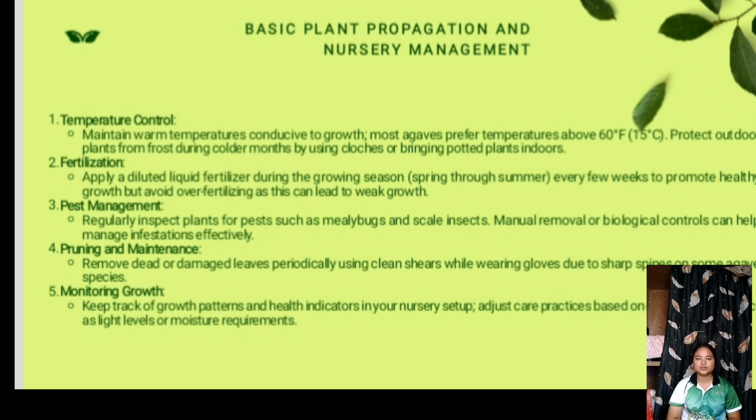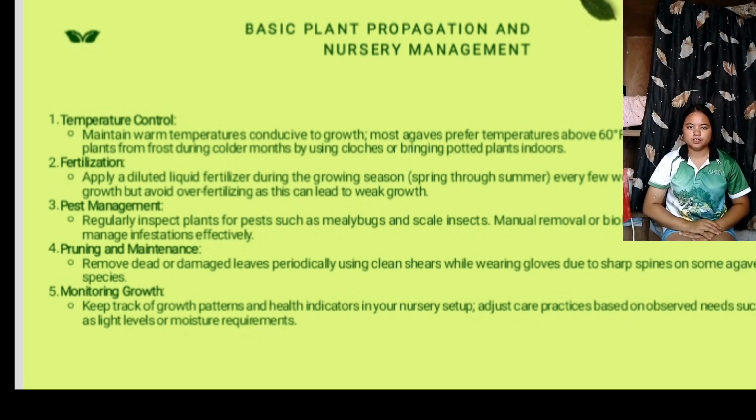Protect outdoor plants from frost during colder periods by using covers or bringing potted plants indoors. So second, the fertilization. Apply a diluted liquid fertilizer during the growing season every few weeks to promote healthy growth, but avoid over-fertilizing as it can lead to weak growth.